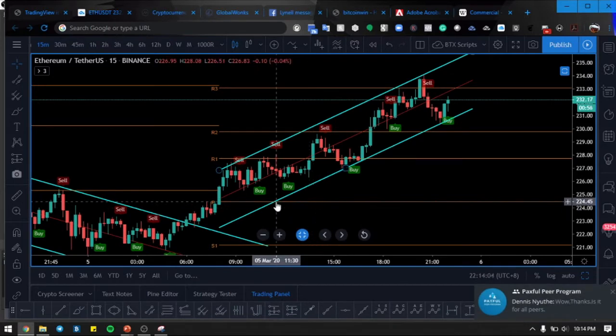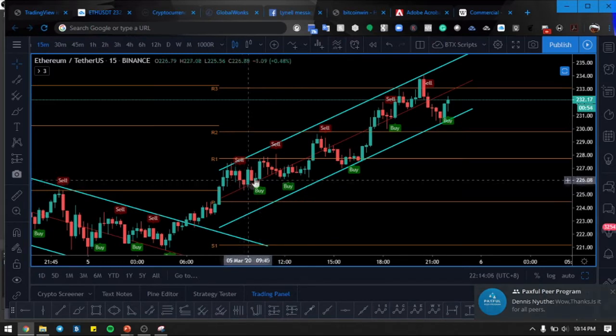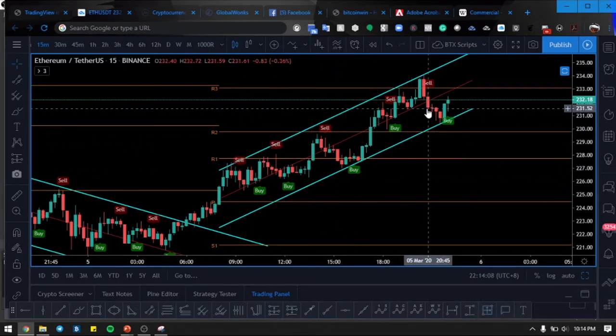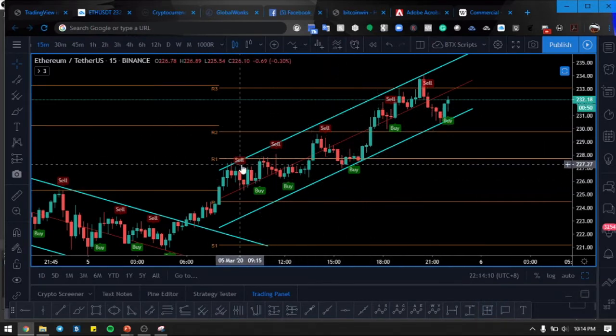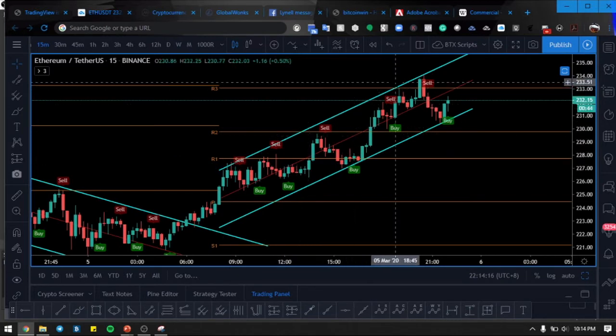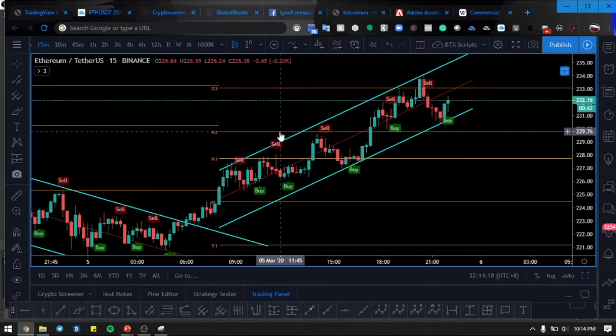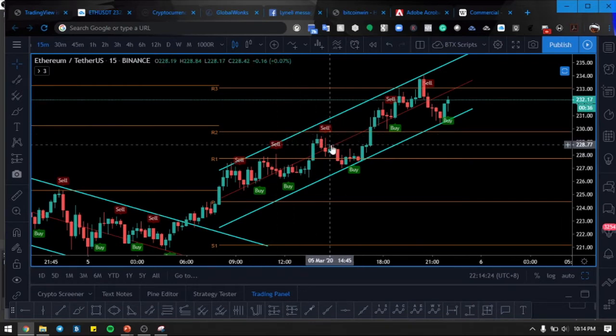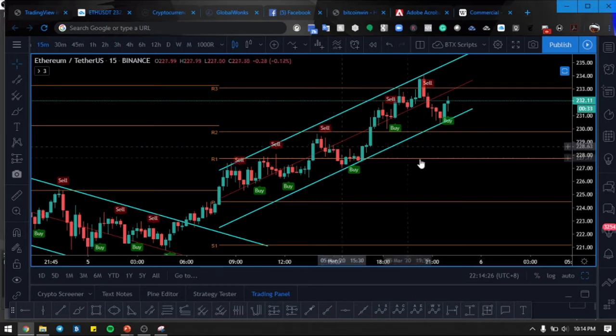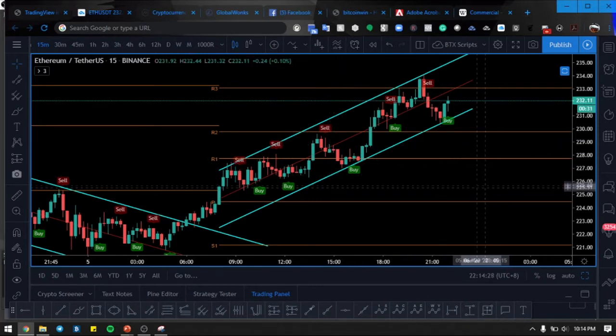So we created a channel here na papunta sa taas, and this channel can serve as your support and resistance too. The channel is a moving support and resistance, while the pivots R1 and R2 serve as yung tinatawag natin na horizontal support and resistance.